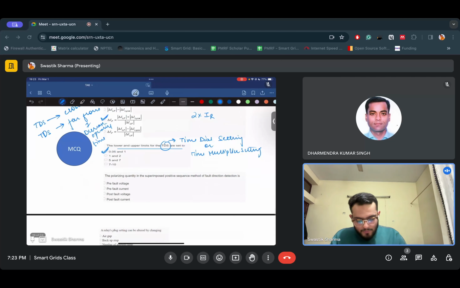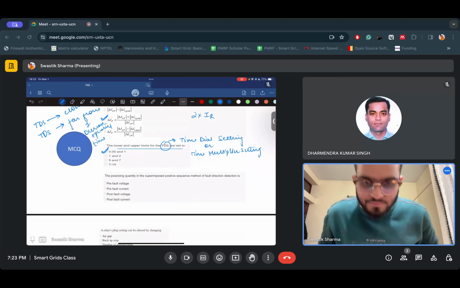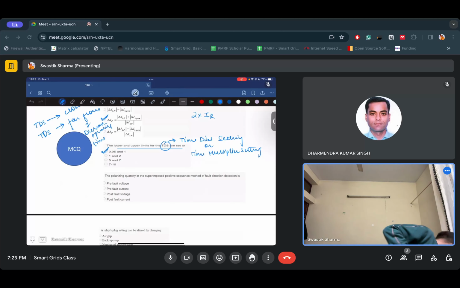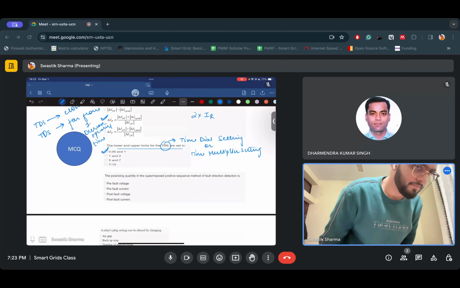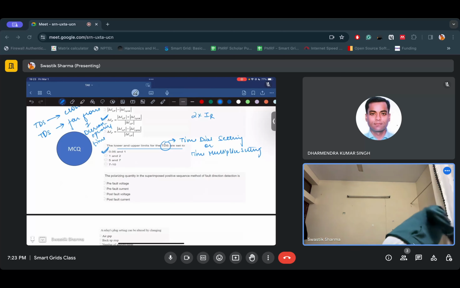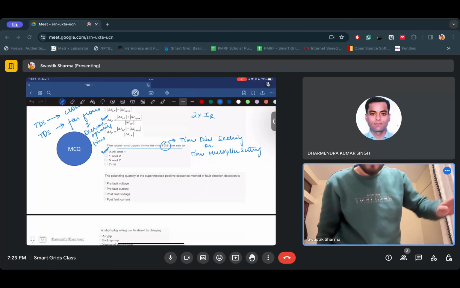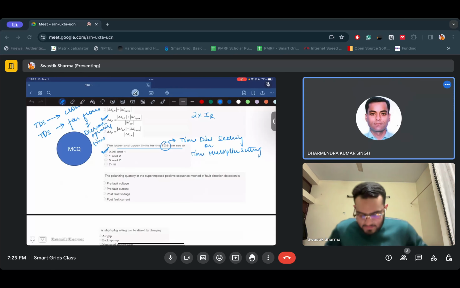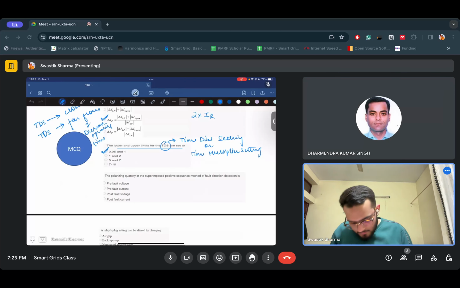Third, the polarizing quantity in the superimposed positive sequence method of direction detection is, I just discussed. Sir, pre-fault current. Yes, it's the pre-fault current. You use it to be able to tell the direction.